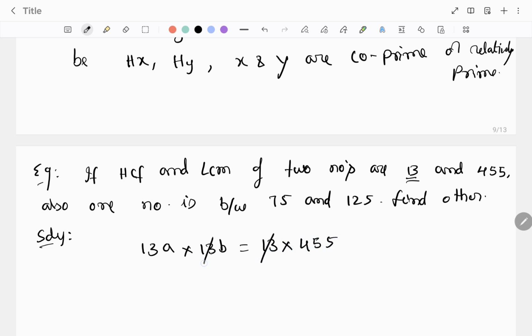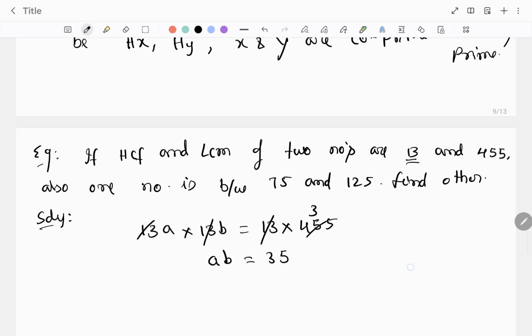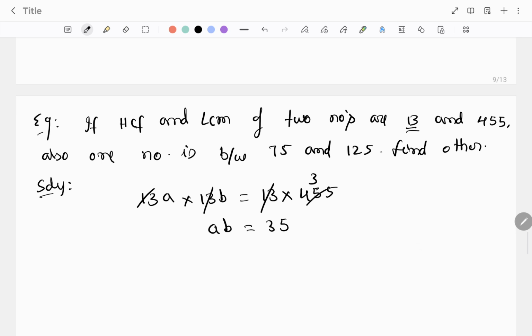Now 13 gets cancelled. Then a into b is equal to 455 by 13. How many times does it go? 13 threes are 39, and 13 fives are 65, so 35 times. So a into b is equal to 35.